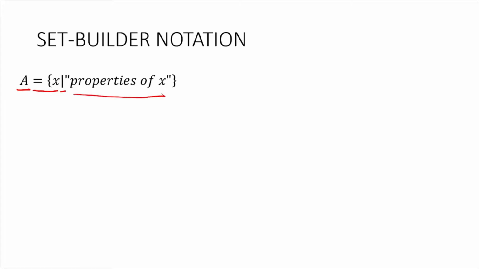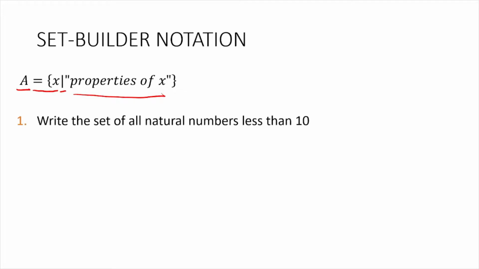For example, let's say we are asked to write the set of all natural numbers less than 10. Remember that natural numbers are counting numbers: 1, 2, 3, 4, 5, 6, and so on.